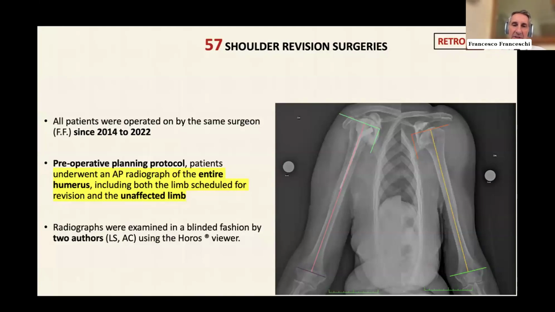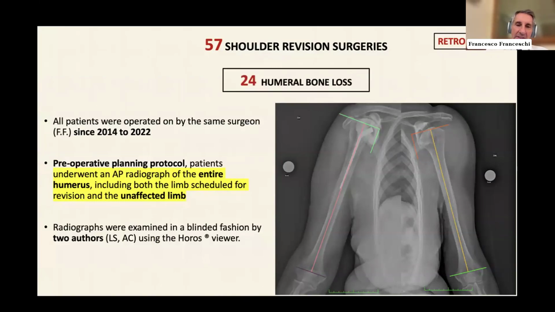We studied the classification on 57 shoulder revision surgeries operated from 2014 to 2022. As you can see here, we used scaled radiographs to understand the difference between the two humeri.